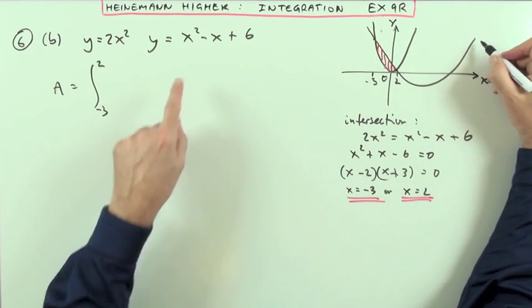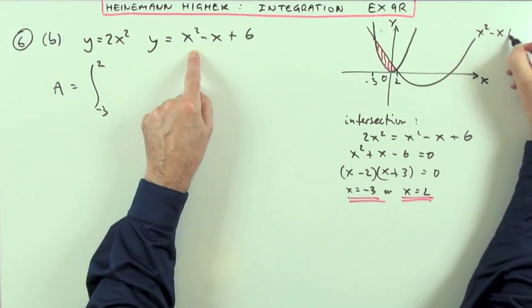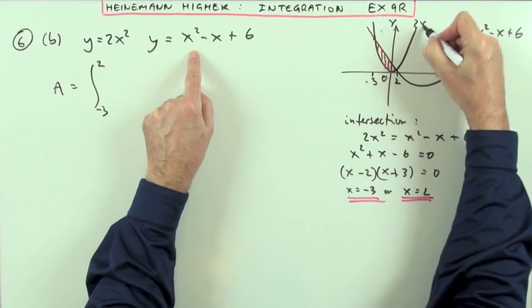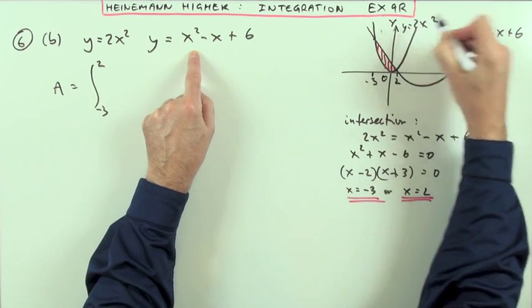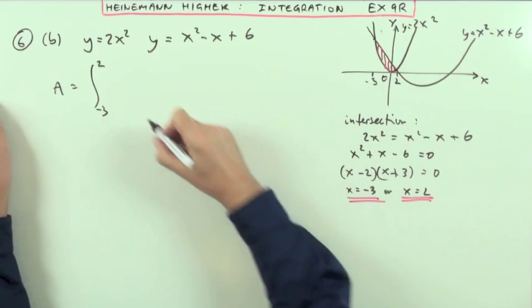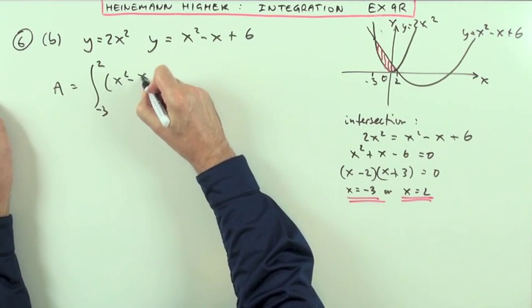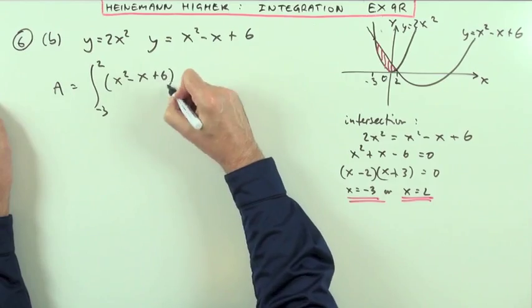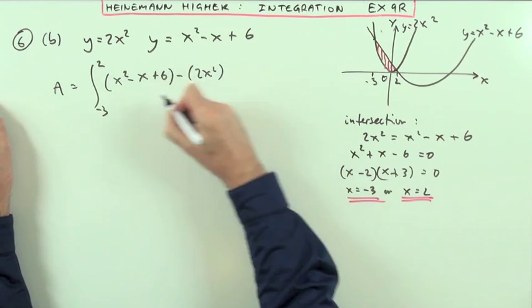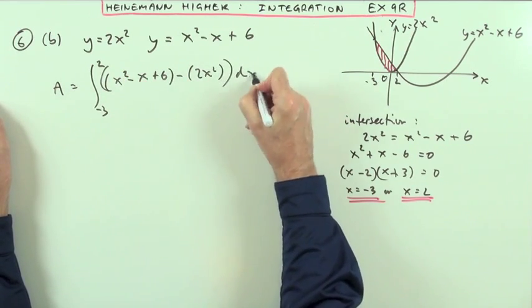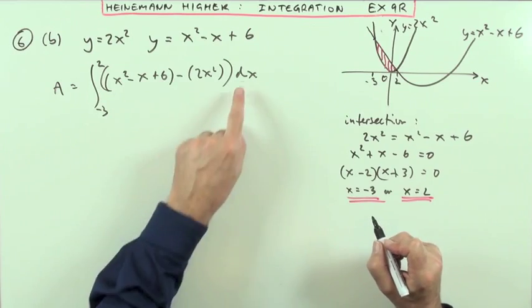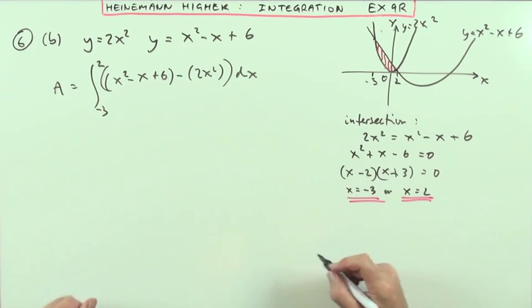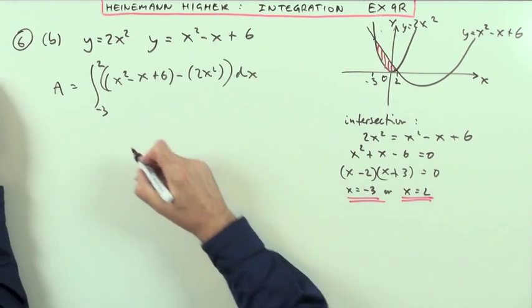The upper curve in this case is this one, x squared minus x plus 6, not the 2x squared. So if I take x squared minus x plus 6, take away the 2x squared, for the height part of the area element times its width dx, that'll give me positive answers and I won't need to bother with absolute value.